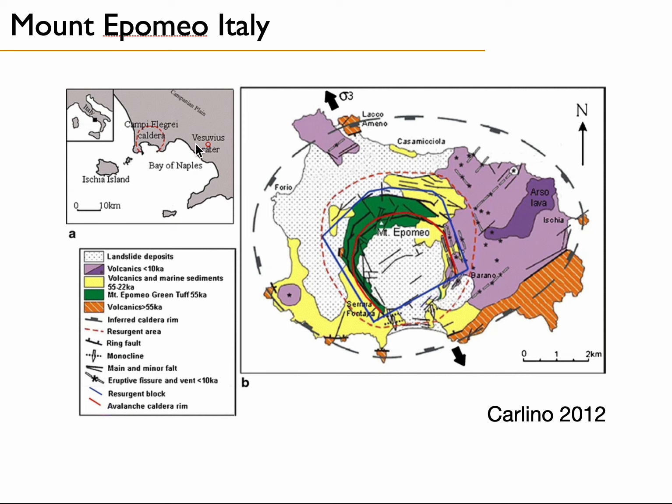So the Vesuvius is here, the Campi Flegrei, the Bay of Naples. So we are in this location. That's zoomed in on this part, and you see the Mount Epomeo is located here, and it basically erupted in the last 50 kiloyears.